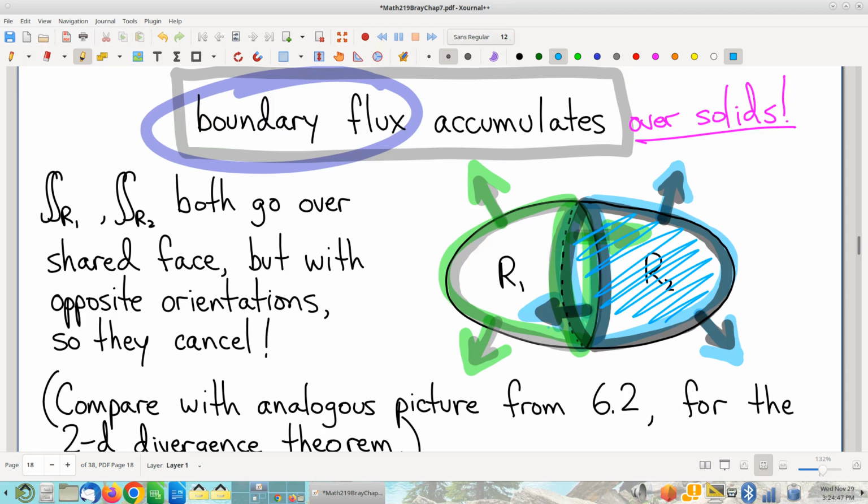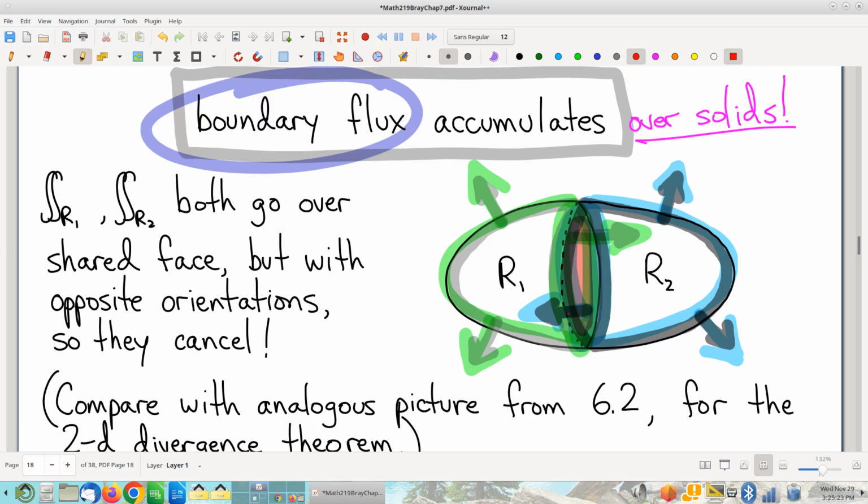Now that we've got on the page the boundary of R1 and the boundary of R2, I just need to know, do those add up to the boundary of the whole lump? The key point, as you can probably guess, is that this face that I'm trying to highlight there in red appears twice in this summation of fluxes. It appears oriented to the right as part of the boundary of R1.